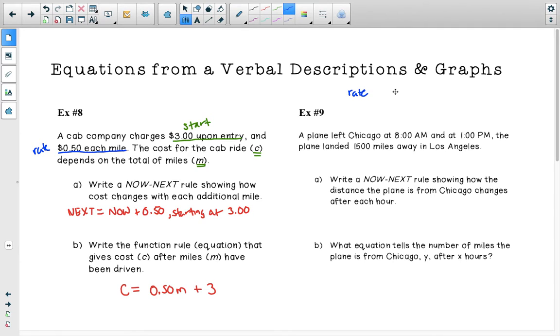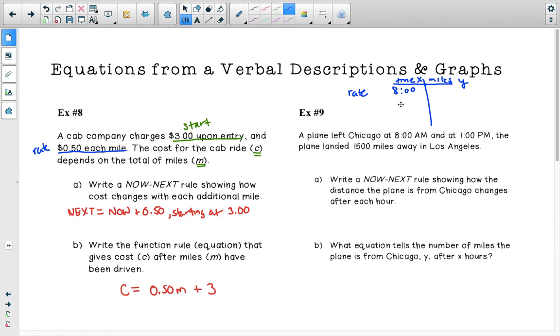If we look at our coordinates, we know that it starts at 8 o'clock. Because we know that x is hours, I'm going to write it in a table. This is time, which is x, and we have miles, which is y.